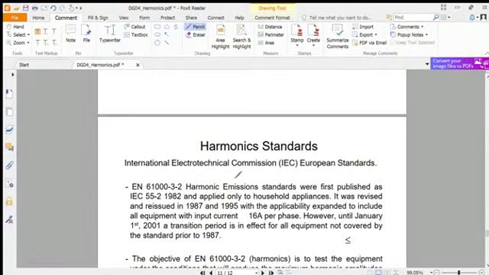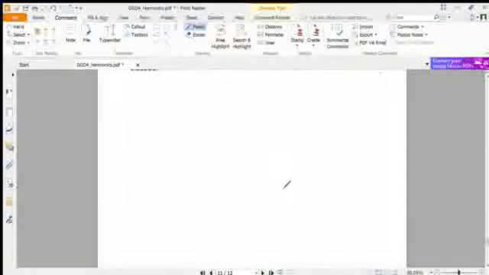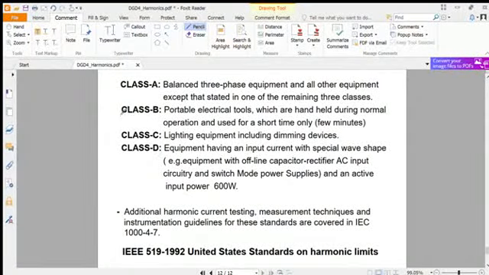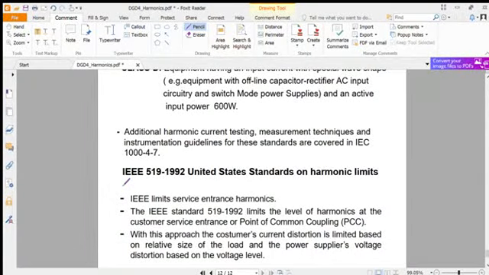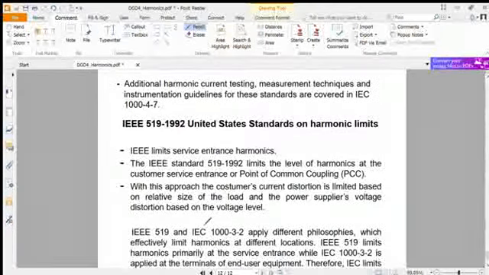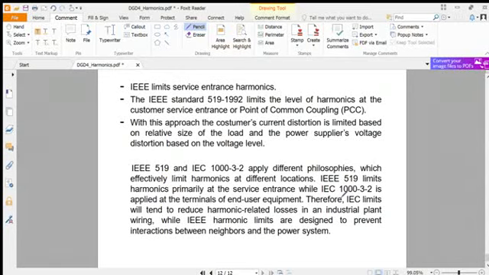There are some standards defined by the European standard IEC, where different kinds of loads can be categorized into classes A, B, C, and D. Another, the most popular standard, is IEEE 519, and there is a 2014 version. The IEEE standard limits the harmonics at the entrance side, the source side, whereas the European standard is applied at the load end side.